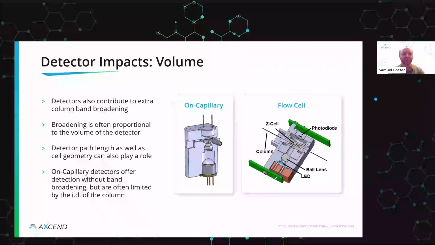And so typically you are running with path lengths of 50 micron or 100 micron, which dramatically lowers your overall sensitivity. And so when working with detectors, it's important to balance the volume of the detector with its overall impacts on broadening. And we'll be going over that in more depth next time.